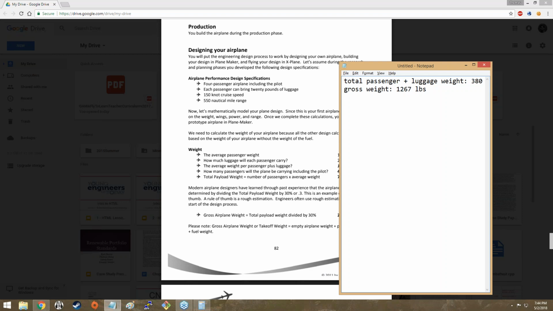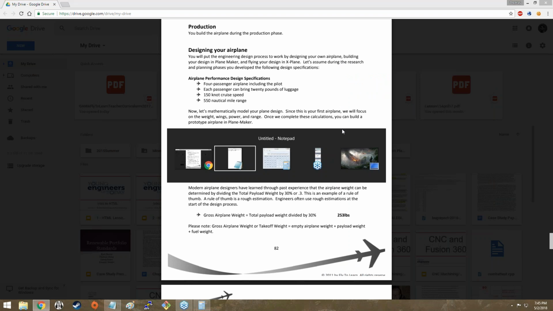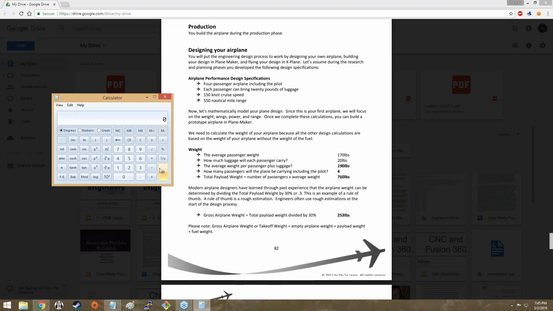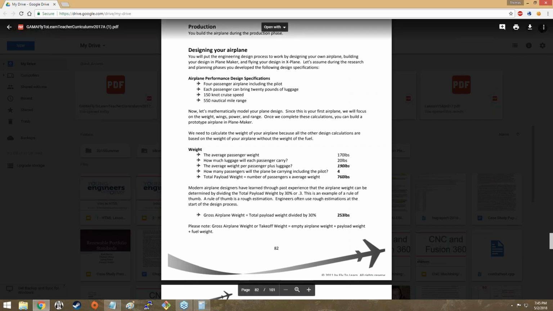We'll just keep it at whole numbers. That gives us the gross weight of our plane, because when you divide by a fraction, it's the same thing as multiplying by a whole number. Like 2 divided by 0.5 is going to give us 4.